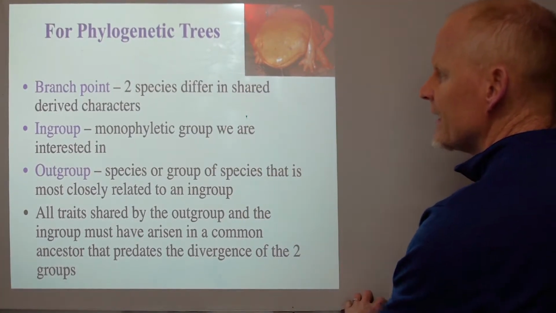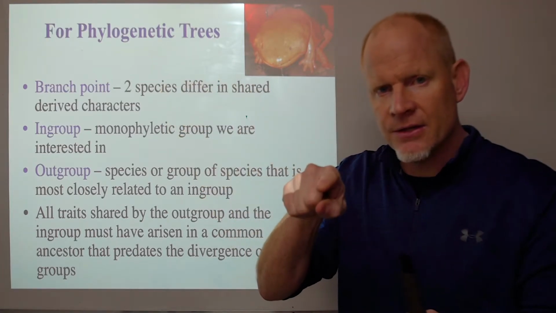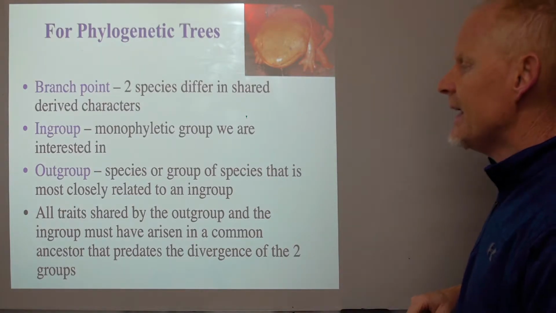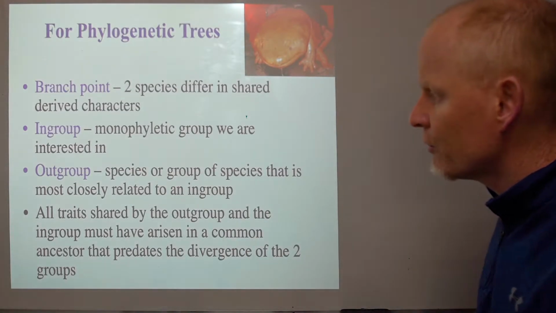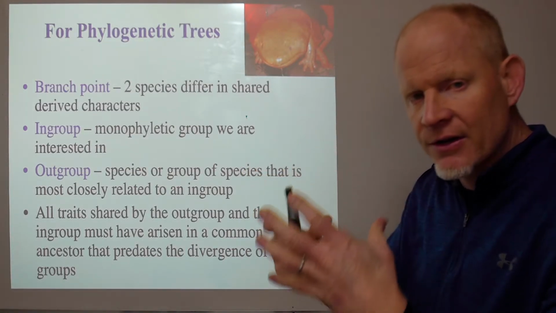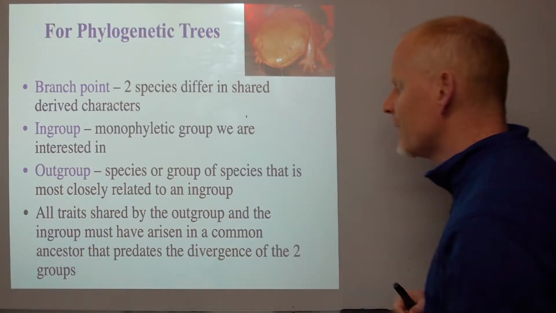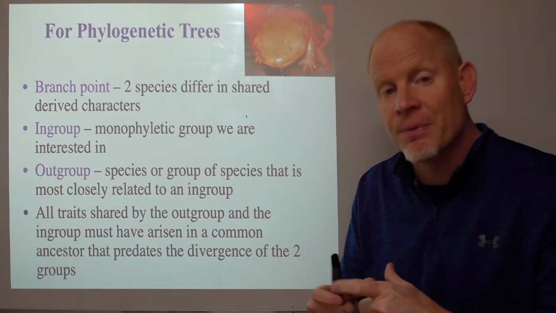All right, so on our trees, the branch point is where two species differed in a shared derived character, right? So there's a shared derived character that one has and one doesn't, for example. If you're in the ingroup, you're within the monophyletic group, the group of interest. You have all the characters in that group of interest. If you're an outgroup, a species or group that is closely related, you might have some of the characters of the ingroup, but not all of them.